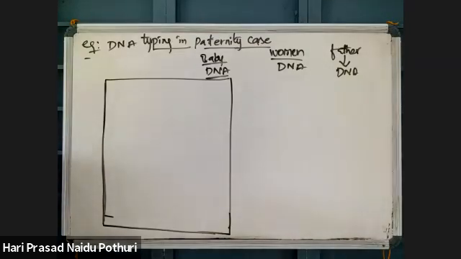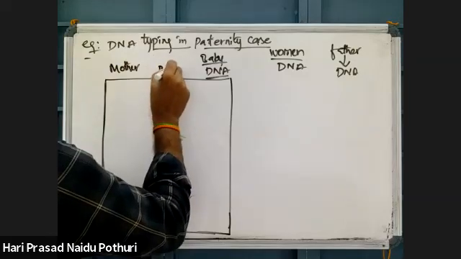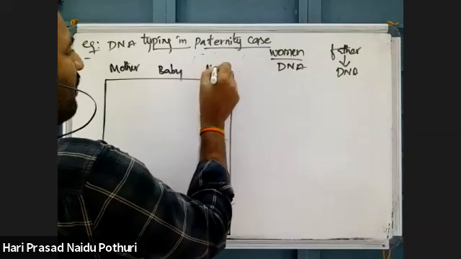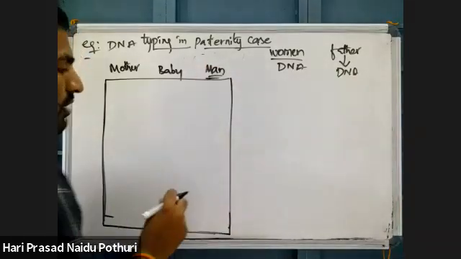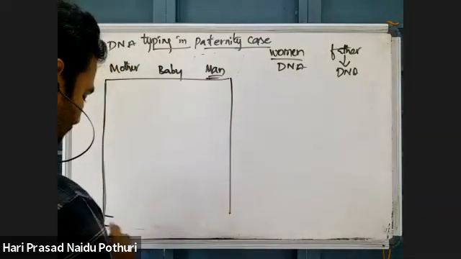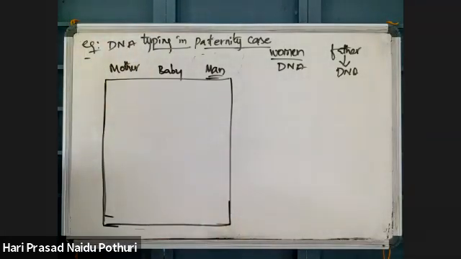Suppose the mother's DNA is taken, the baby's DNA is here, and the DNA of the man accused to be the father. When these three DNAs are separated by agarose gel electrophoresis and other techniques, and finally autoradiography, they study the identification of STR and VNTR.